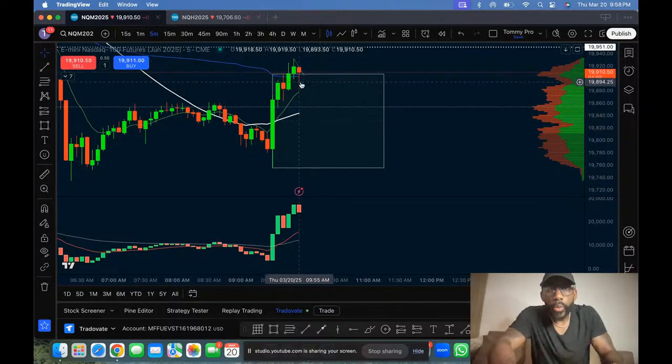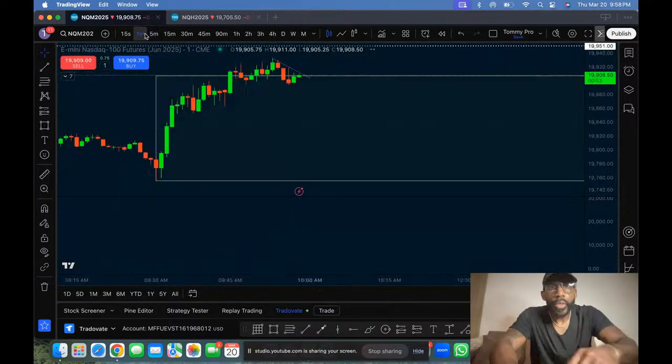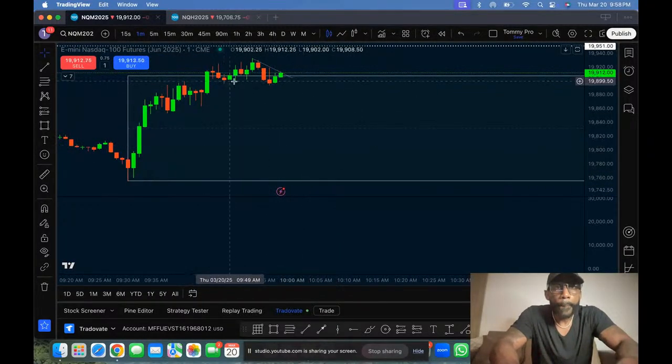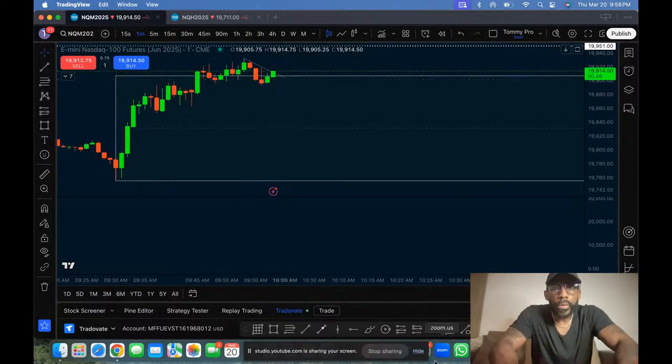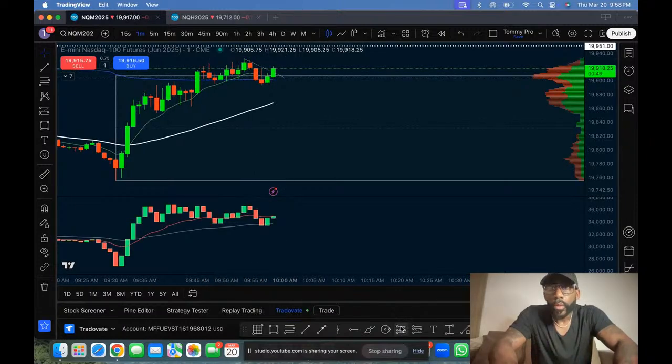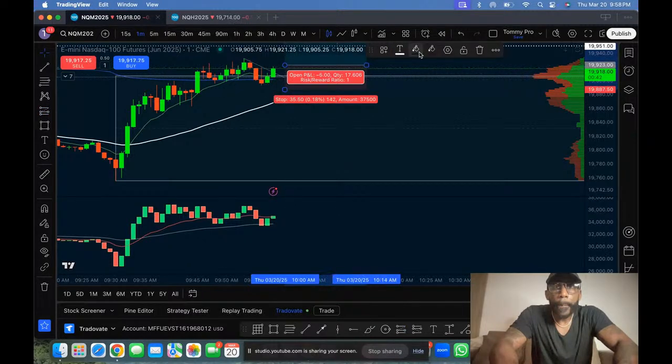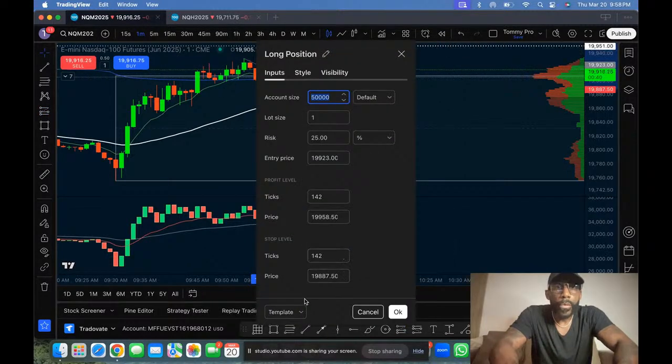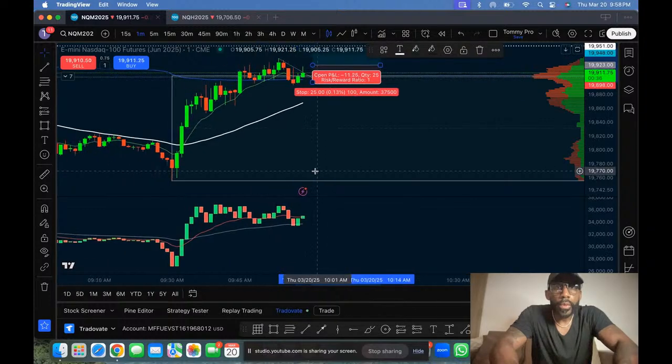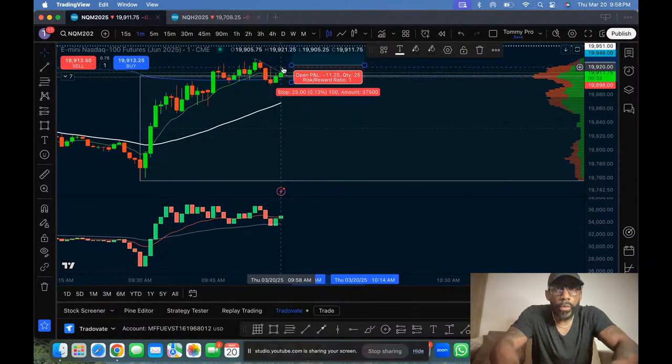It did sweep liquidity here, though. Swept that 5 minute candle. Let's see, 46 seconds. I need it to close above.